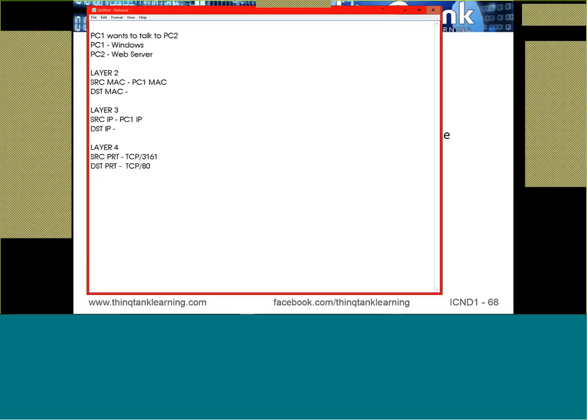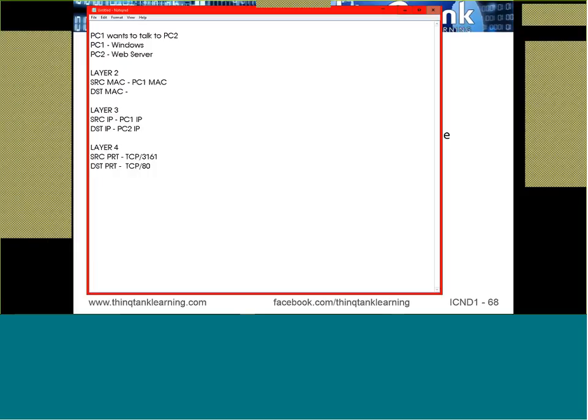I opened up a browser and I put the address into the URL field. DNS will resolve whatever, google.com, to an IP. Right, so I know the destination IP because I put it in. So that is PC2's IP.